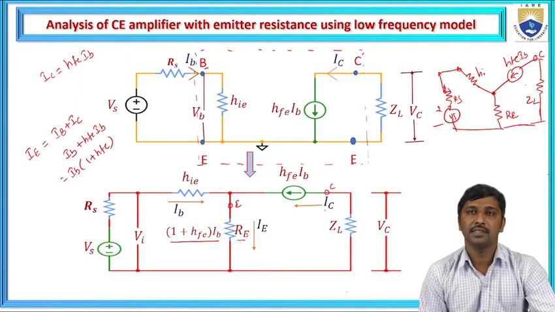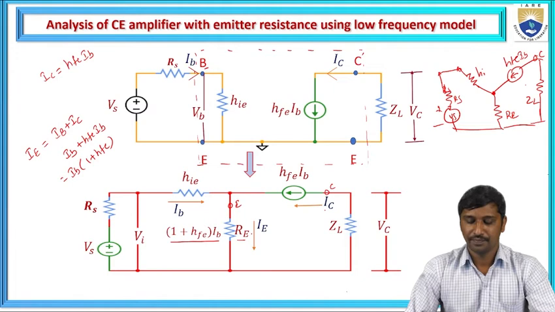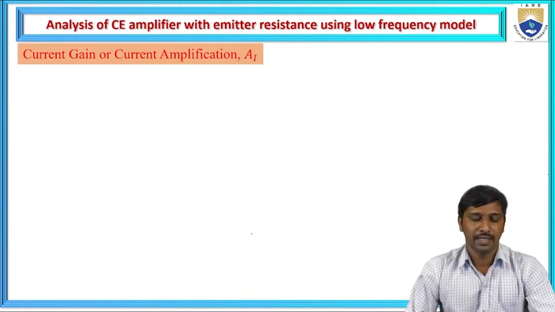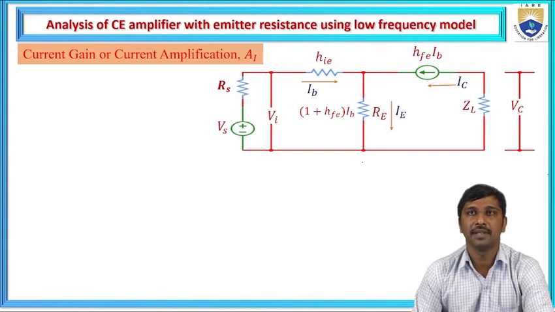Now by using this common emitter amplifier with emitter resistance, we are going to observe parameters like current gain, input impedance, and voltage gain. Coming to the current gain for this amplifier: a gain parameter is defined as the ratio of output parameter to the input parameter.